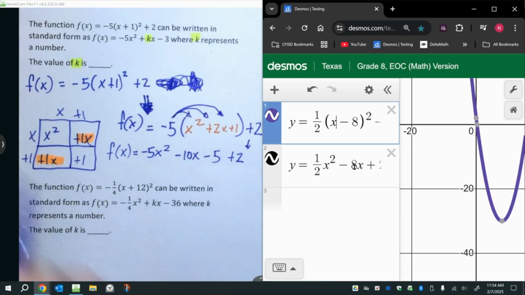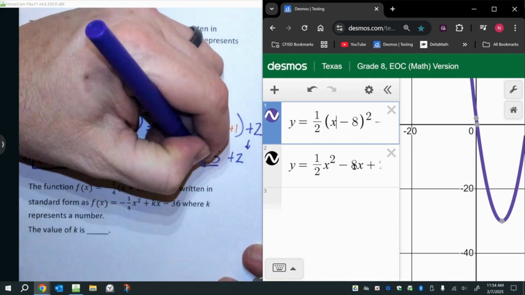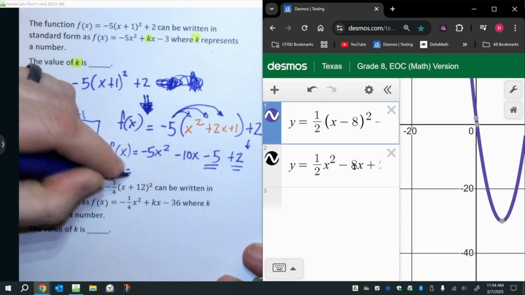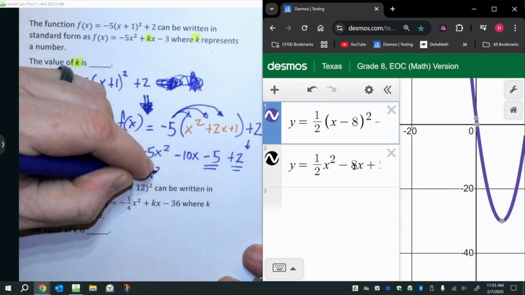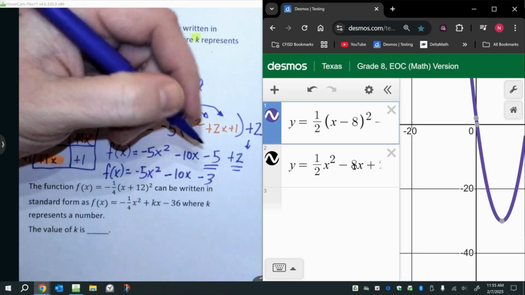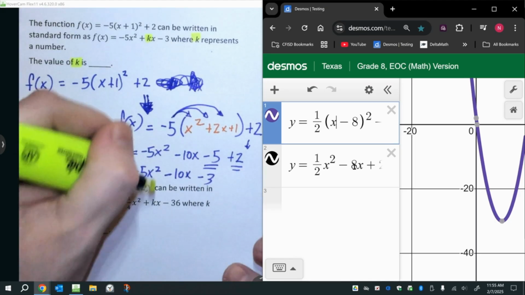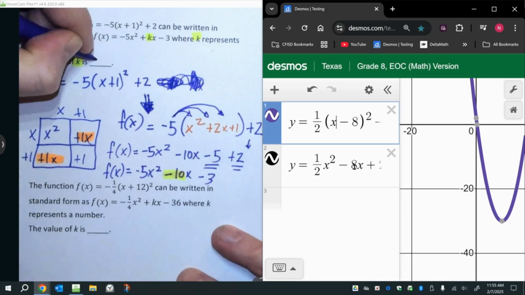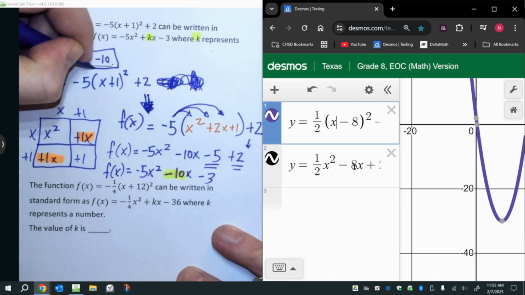And when I combine like terms, we're going to combine these two, and this gives me f of x is equal to negative 5x squared minus 10x minus 3. But all we really care about is what is k, and k is negative 10. So my answer is negative 10.